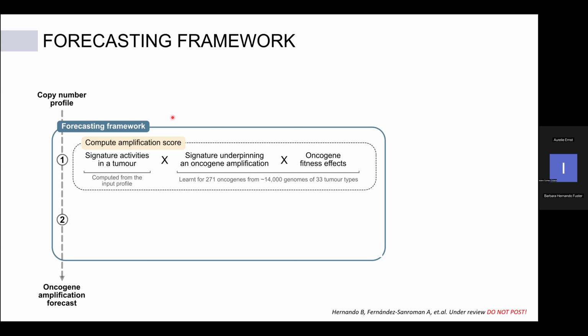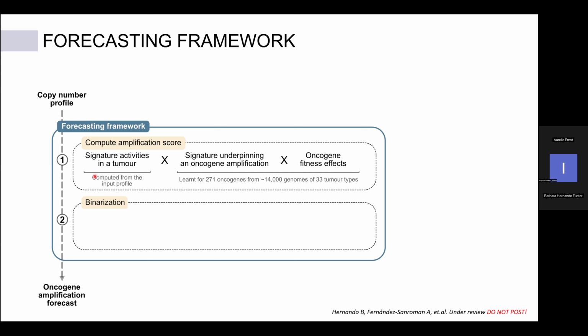Once we have this amplification risk score, we move to the second part of the framework, which binarizes these scores. This is because in the clinic, we need a classification of the samples, because clinicians want a binary classification of patients to know what management they have to do for each one of the patients.